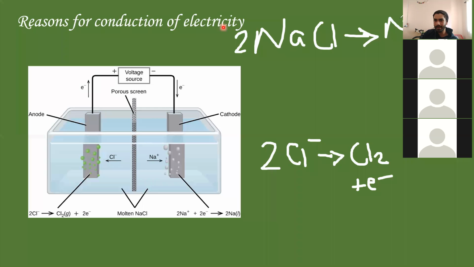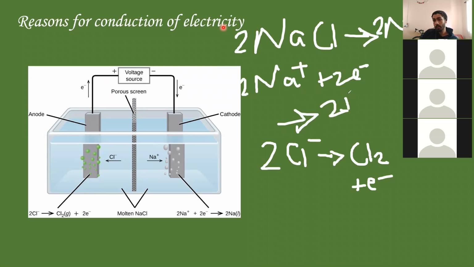If there are 2 Na here, we have to write 2 over here too. So 2e⁻ will give us 2Na. Only because chlorine has to exist in the Cl2 gas state, we have to do so much work.